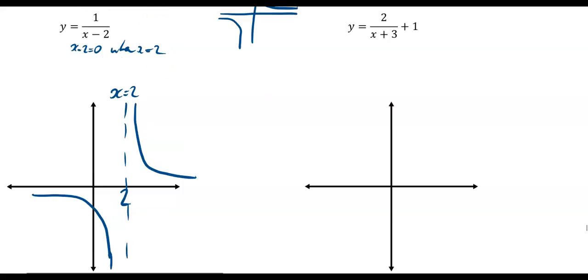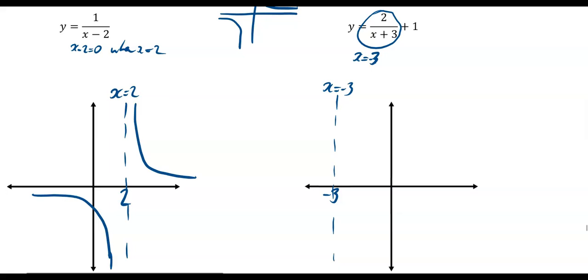Okay, let's just zoom in at this bit first of all. There's going to be an asymptote when x equals minus 3, I should have said. So let's mark on a minus 3. So that's x equals minus 3. There's minus 3 on your axes as well.